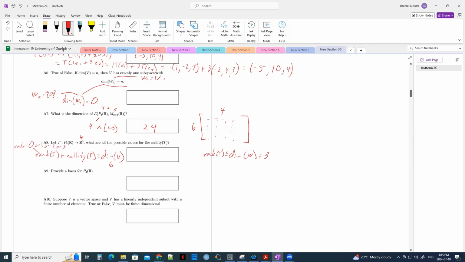So by plugging each of those numbers in, I can get my nullity. If I plug in 0, that gives me 6. If I plug in 1, that gives me 5. If I plug in 2, that gives me 4. And if I plug in 3, that gives me 3. So it's 3, 4, 5, or 6.